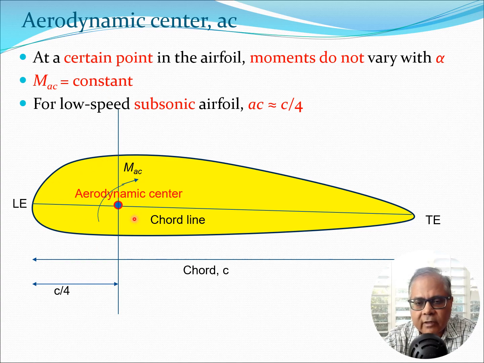So remember this very important fact: if we have an airfoil of chord C, then the quarter chord location from the leading edge is the point where we typically have the aerodynamic center for a typical subsonic airfoil.